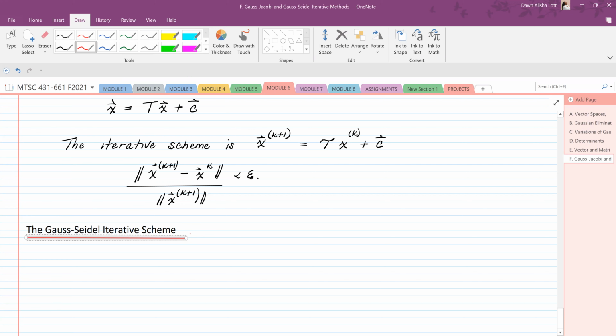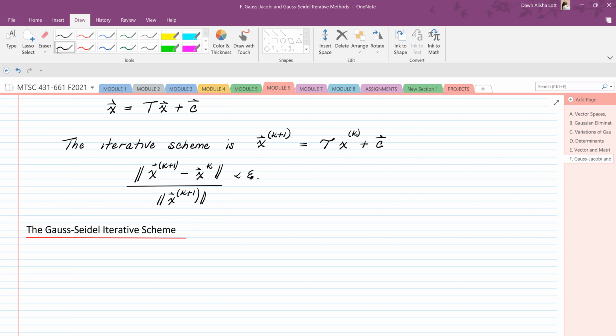Now the difference between the Gauss-Jacobi and the Gauss-Seidel is that with the Gauss-Jacobi, we calculated x1, x2, x3, x4, x5, all the way down to xn, and we stopped, and then we went and calculated the next vector.